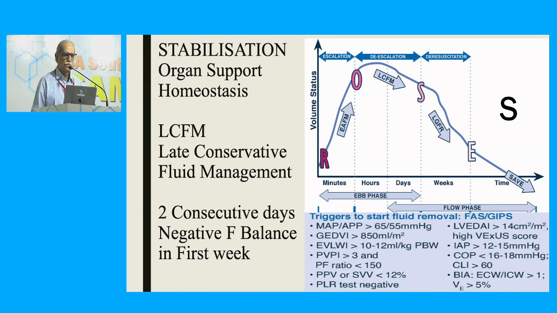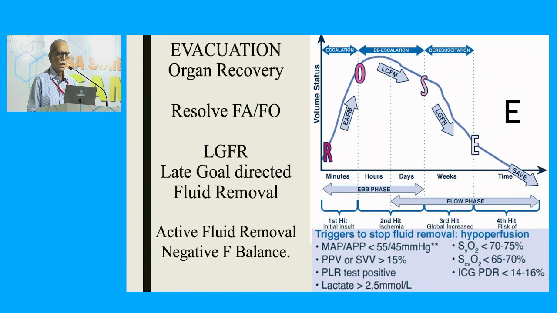You can do this by late conservative fluid management. The idea is to get at least 2 consecutive days of negative fluid balance in the first week. Then the last phase, the evacuation, where the idea is to get organ recovery and resolve the fluid accumulation.